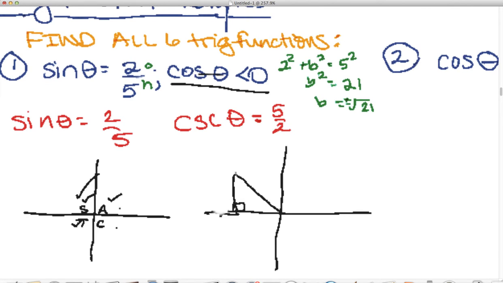All right, so here's your theta. And we know that sine is opposite over hypotenuse. We just figure out the missing leg was this, and it's in the negative x direction, right? X goes positive that way and negative that way, so it would be the negative of the root 21, okay?